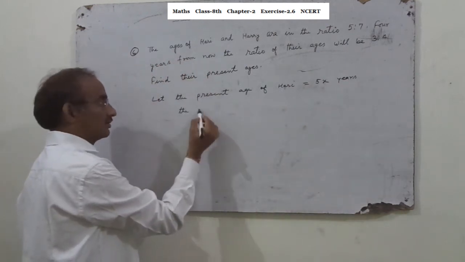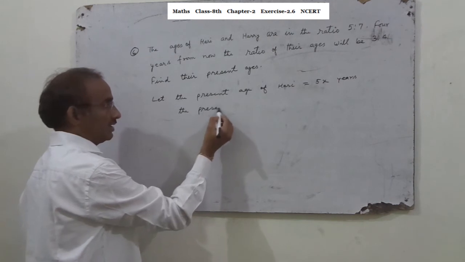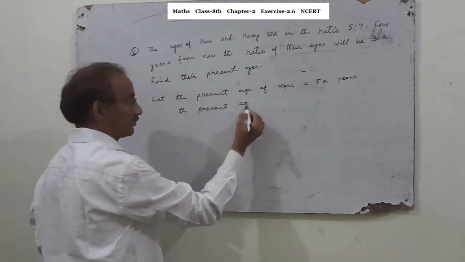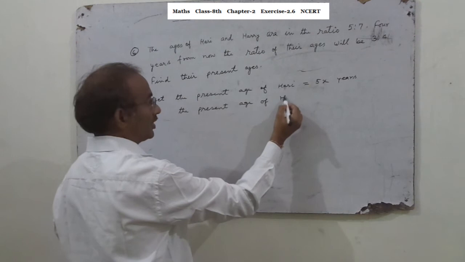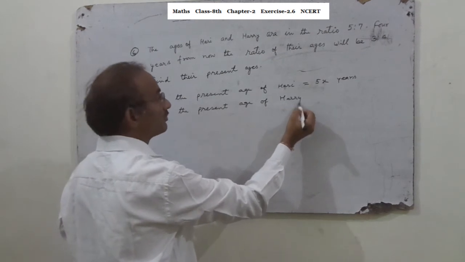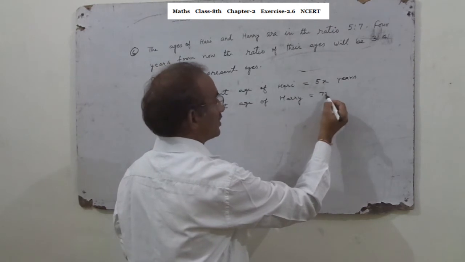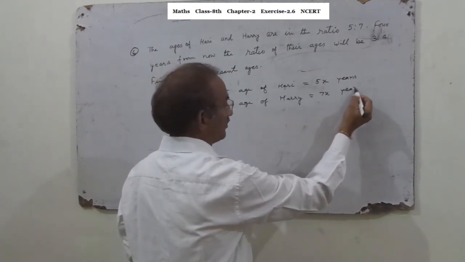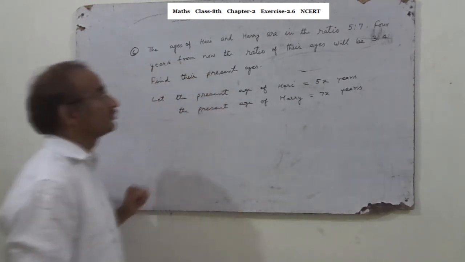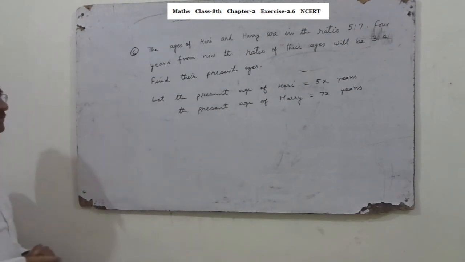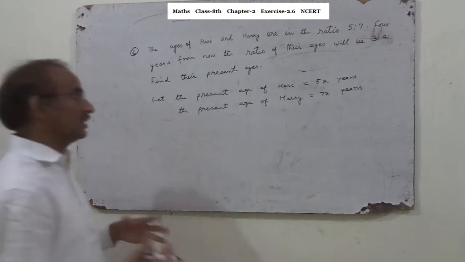and the present age of Harry is equal to 7x years. 4 years from now, it means 4 years later.